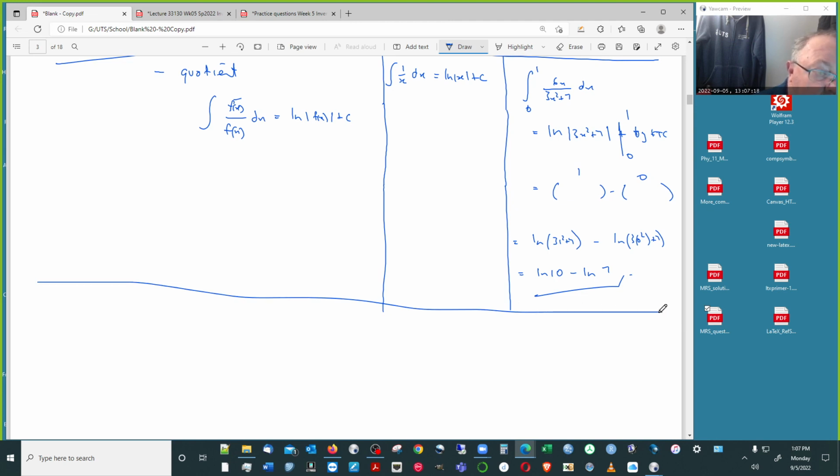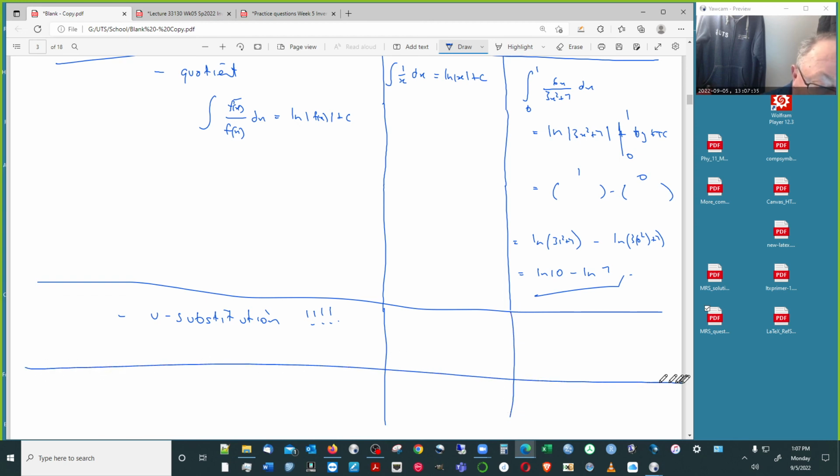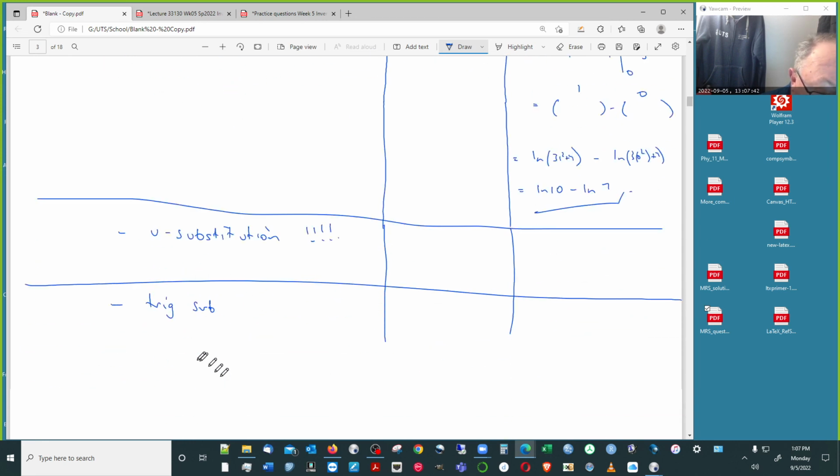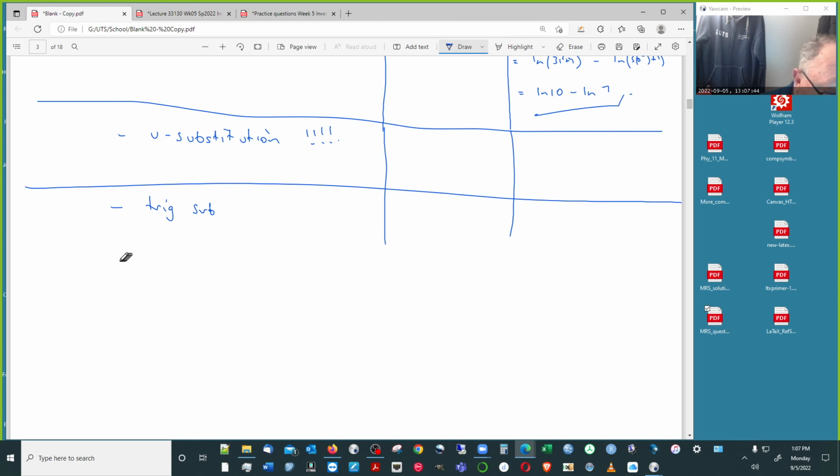Then we've got the big one. We might leave that till next week. And then we've got trig sub. Then you have integration by parts.